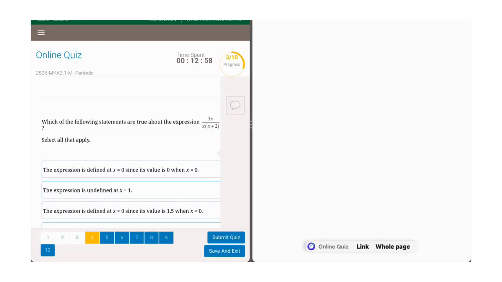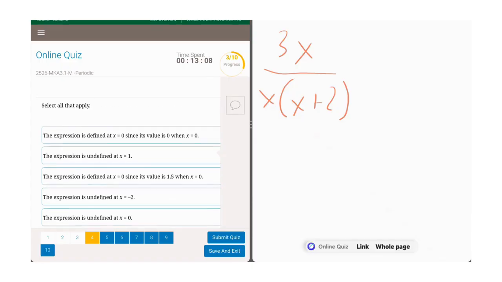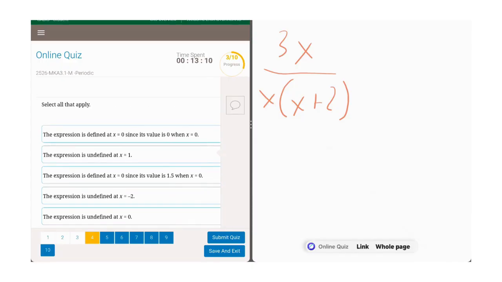Which of the following statements are true about 3x over x times x plus 2? Here we take the denominator because we have to find whether the expression is undefined at certain values.